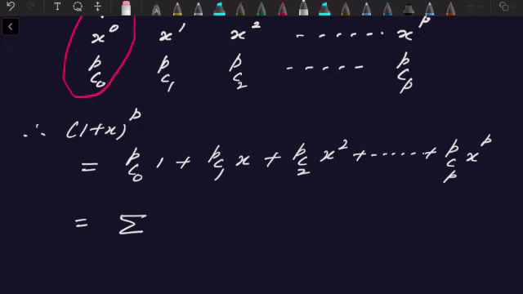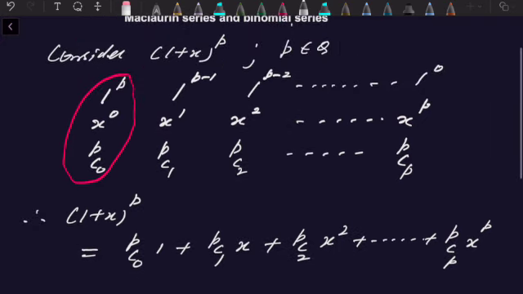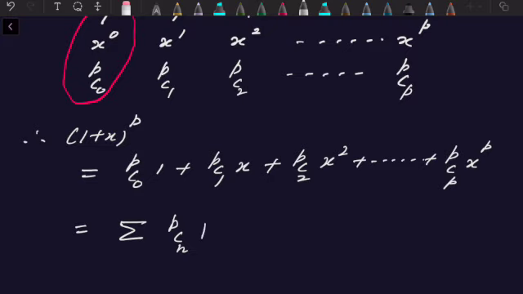So we start with sigma, and then pCn times 1 raised to power p minus n, into x raised to power 0, 1, 2 up to p, with n equal to 0 to p. This is an easier way to write that.